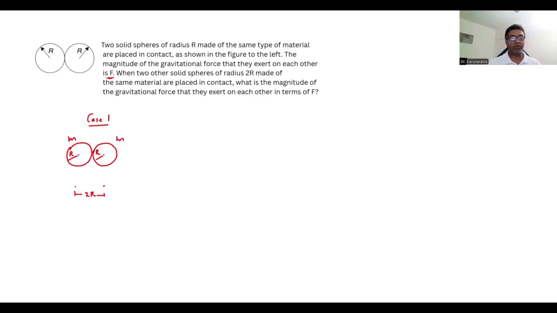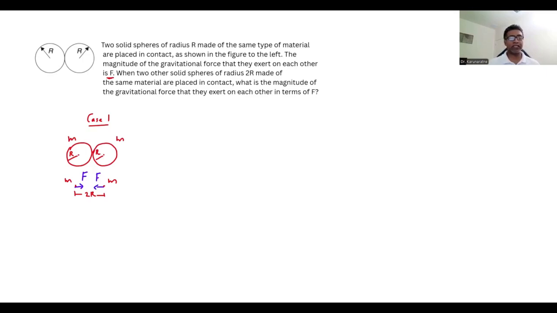So here I'm going to assume that the entire mass is collapsed to the center. And now the attractive force, or the gravitational force, between these two masses is F. That's what is stated in the first part of this question, and that's what I call case one.